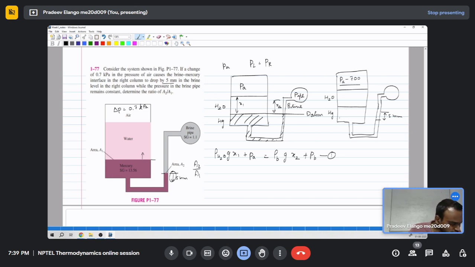Now this is mercury, and we consider this as a datum and start from there. Equate the pressure at the left and right leg. So this was x1, it is unchanged, and now this distance has become x2 prime. x2 prime is x2 plus 5 mm.